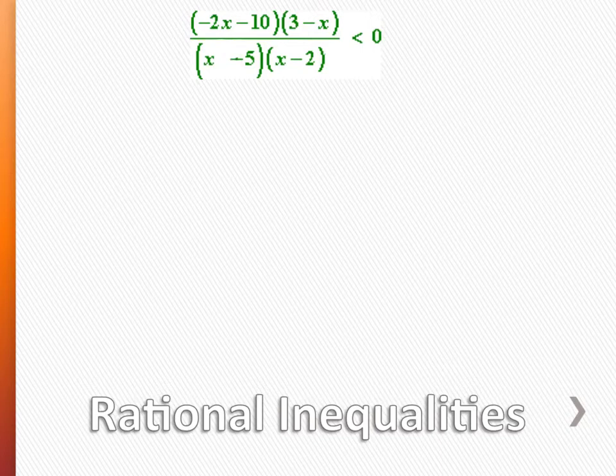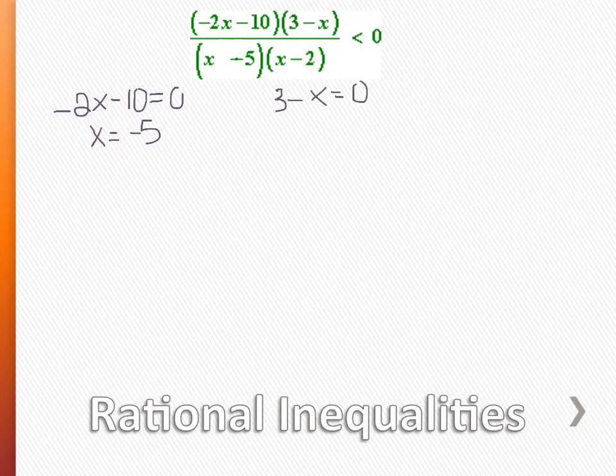So here we'll just take it one at a time. We want to figure out what value of x would give us 0 when plugged into negative 2x minus 10 equal to 0. When we solve for x, we should actually get a negative 5. Moving on to our next factor of 3 minus x, setting it equal to 0, we can see after solving for x that x would equal 3.